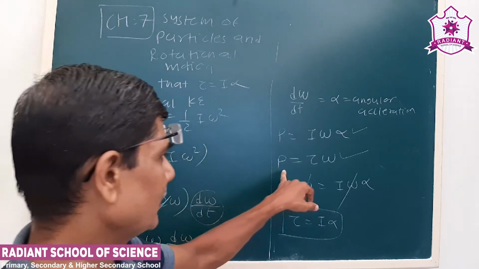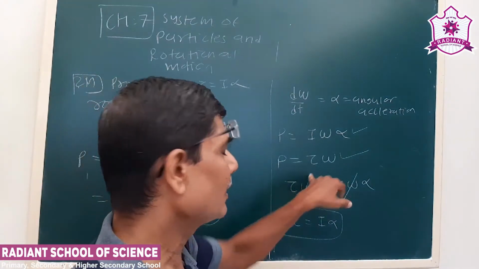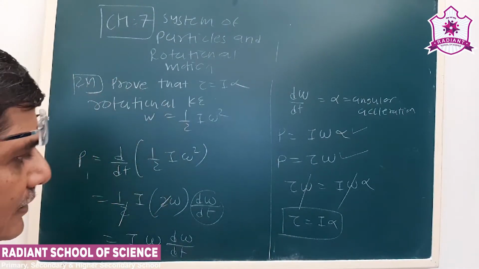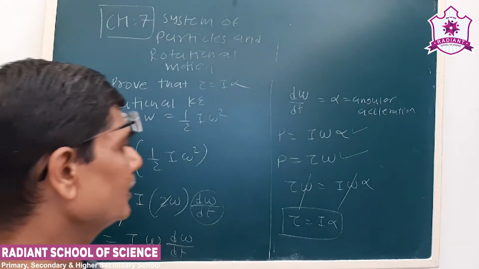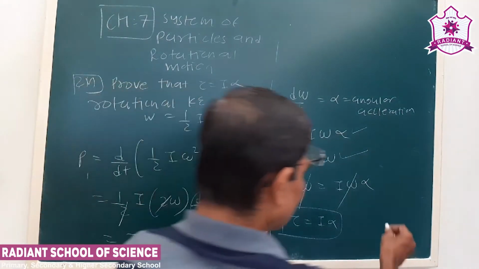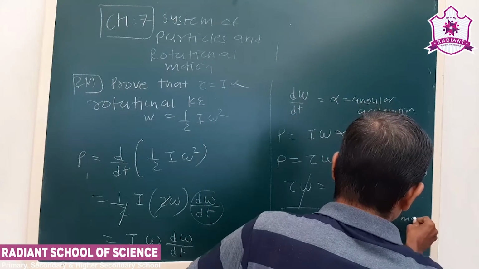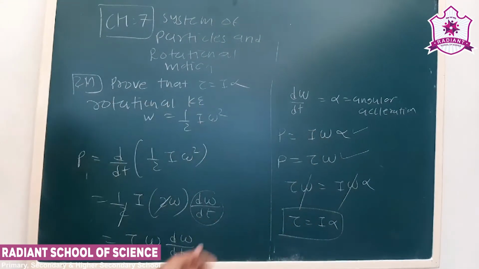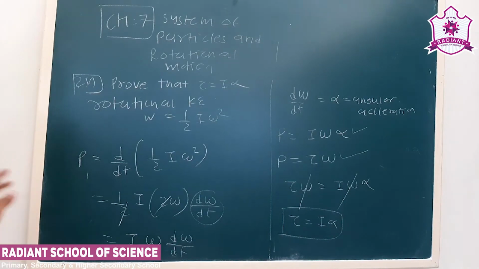Also, the equation that we have accepted, power is torque into angular velocity. So if I compare, we get the equation torque is equal to I alpha. So this is a very important equation. As I told, we have F is equal to ma in the linear motion. See the corresponding equation, torque is equal to I alpha. So that is the equation in the rotational motion. Okay, now this is a very important question.